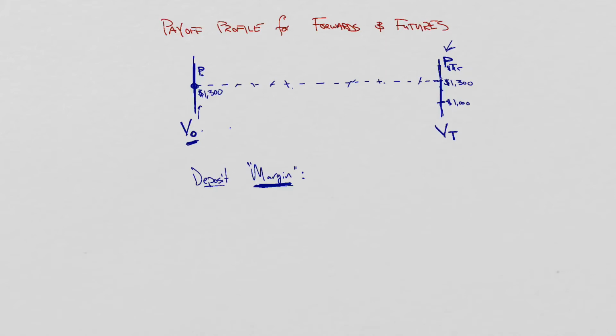But for simplicity, to calculate a profit or loss on a forward or futures contract in this example, let's assume that you bought a futures contract on Google. It's $1,300 today, and the price at which you locked in the right to buy Google at the end, let's say 1 year from now, is also $1,300.